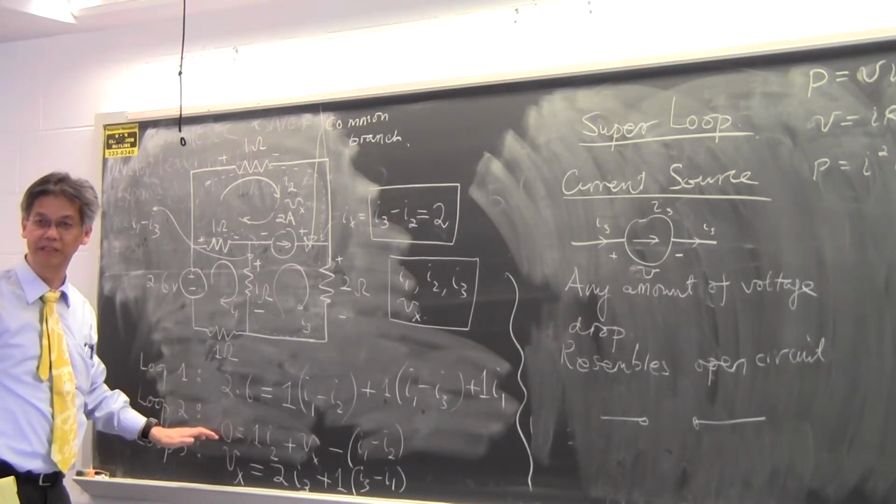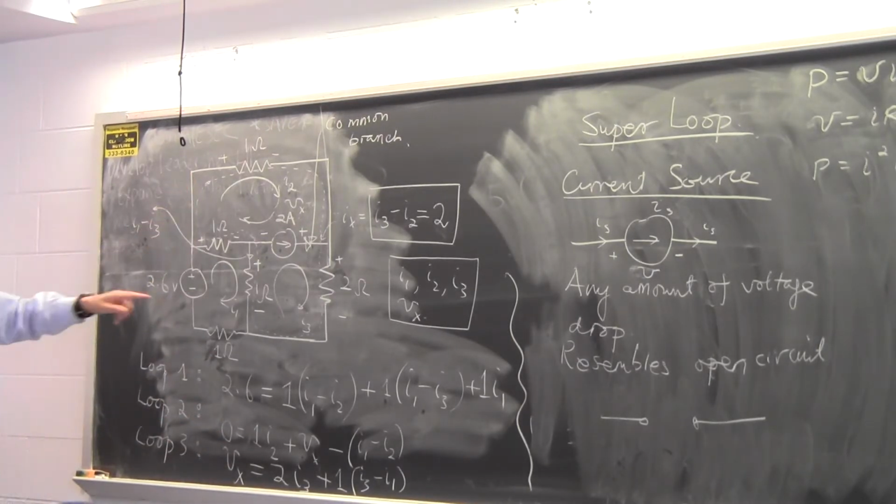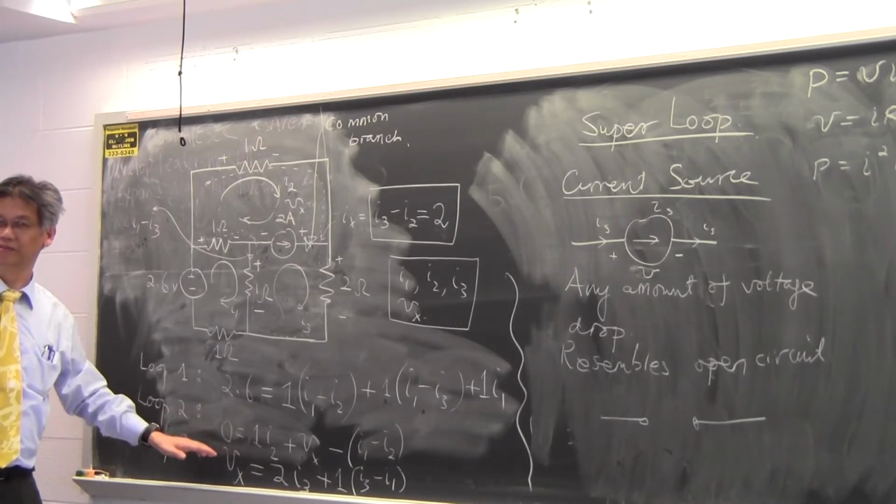That is a super loop method. Okay, you write the equation for one big loop, and then you get the consolidation of these two equations.